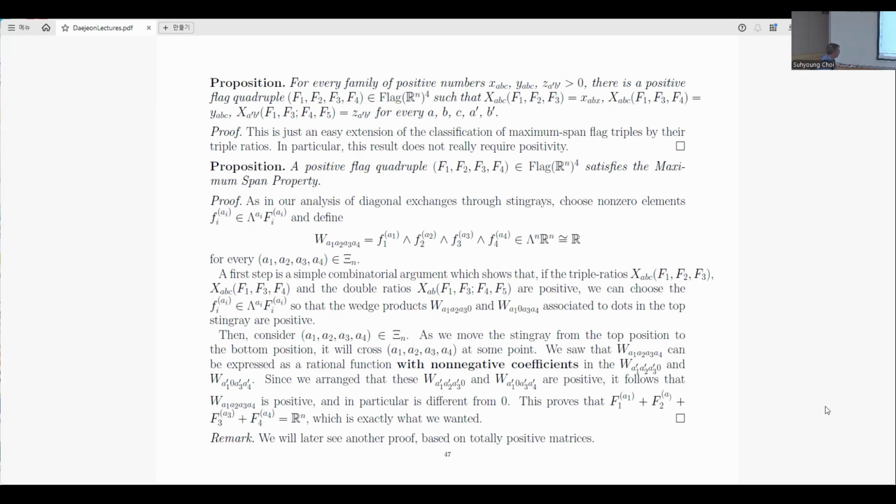And to connect that to what I was doing at the beginning, there is the statement that a positive flag quadruple satisfies the maximum span property. Namely, these are special cases of these maximal span flag tuples.